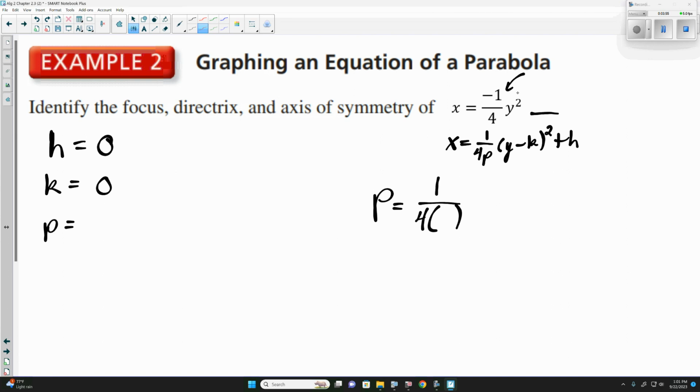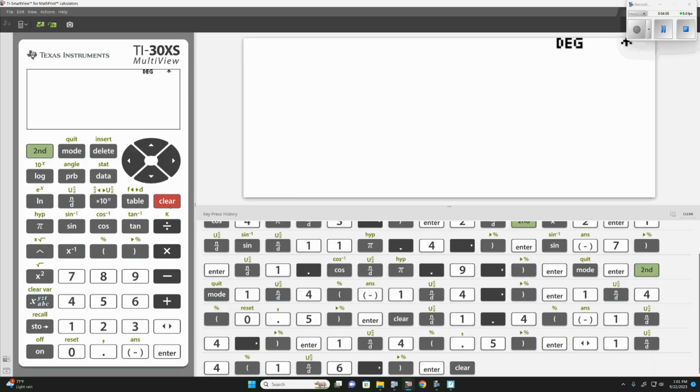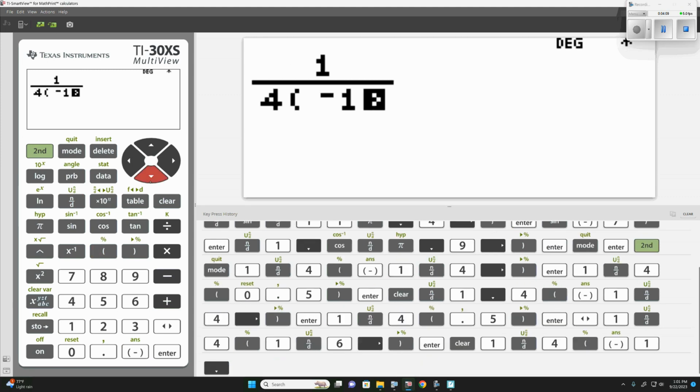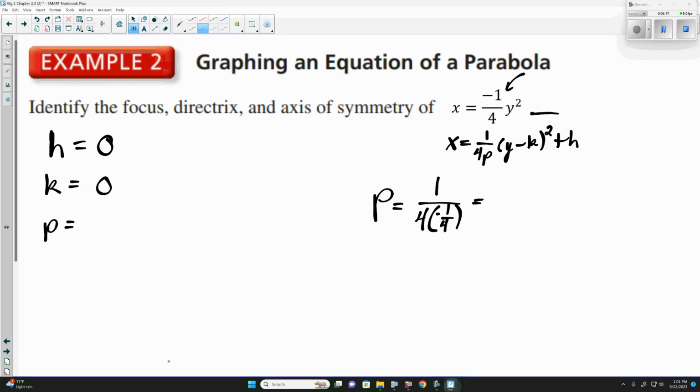So in this case, we can write negative 1/4, and we just have to plug this into the calculator. 1 over 4 times negative 1/4 is negative 1. So the value of p is negative 1.